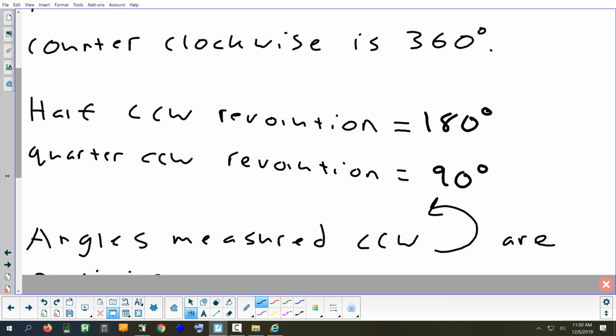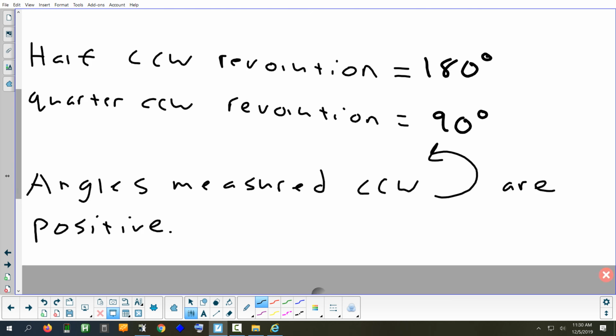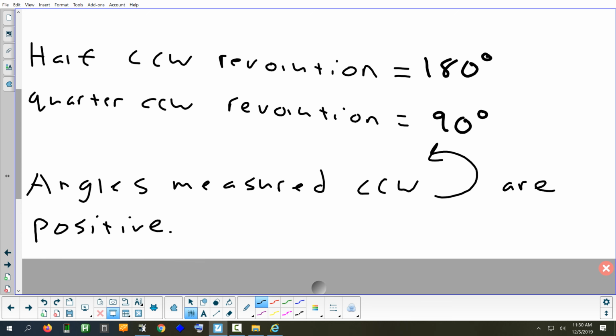Now, there are two directions you can move when you move circularly, counterclockwise and clockwise. Which way you move is basically going to control whether or not you're talking about a positive angle, or what do you think would happen if you go clockwise? Negative. Right?